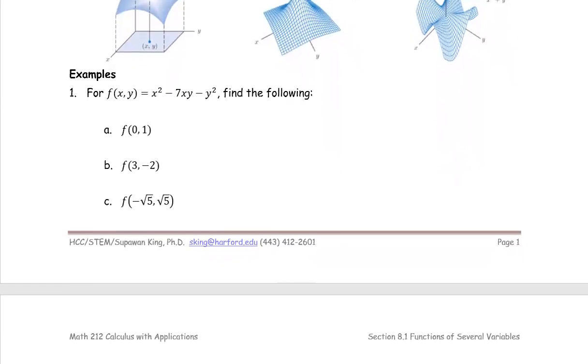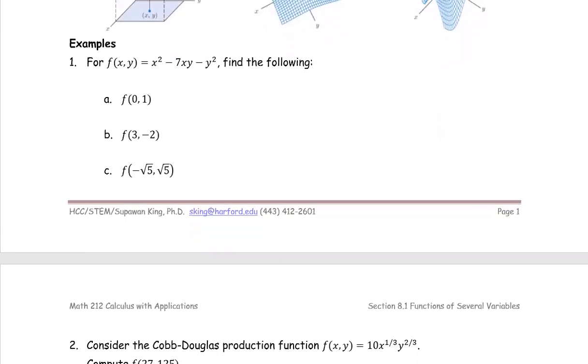So let's go to the evaluation of functions of multiple variables. Same thing: wherever you see x, you replace in the x spot. You see y, you put it in the y spot. For the first problem, the function f(x, y) is x squared minus 7xy minus y squared. We're going to find the first one.